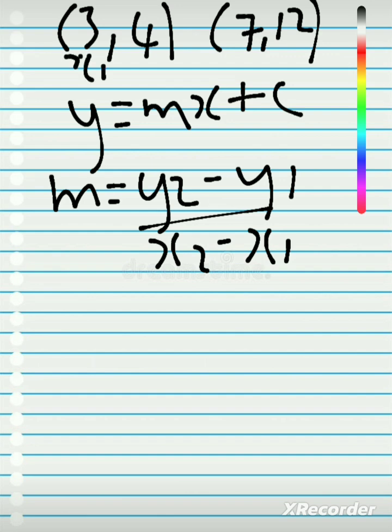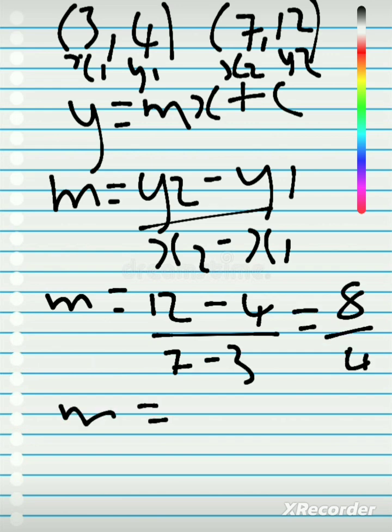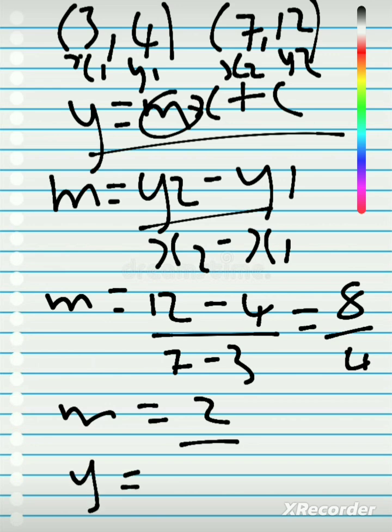We know this is x1, this is y1, this is x2, this is y2. So m is equal to y2 minus y1, we're talking about 12 minus 4 over x2 minus x1, 7 minus 3. 12 minus 4, it's 8. 7 minus 3, it's 4. Okay, so our m, 8 divided by 4, it's 2, right? So our equation, since we found m, becomes y is equal to 2x plus c.